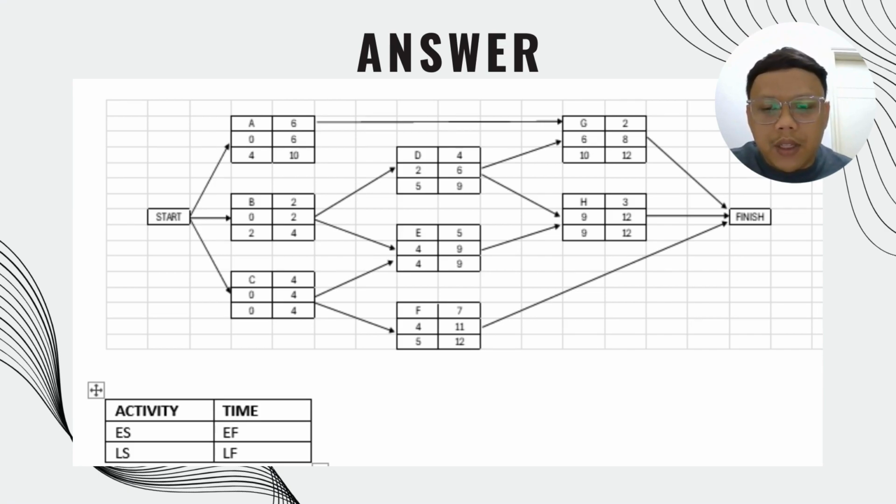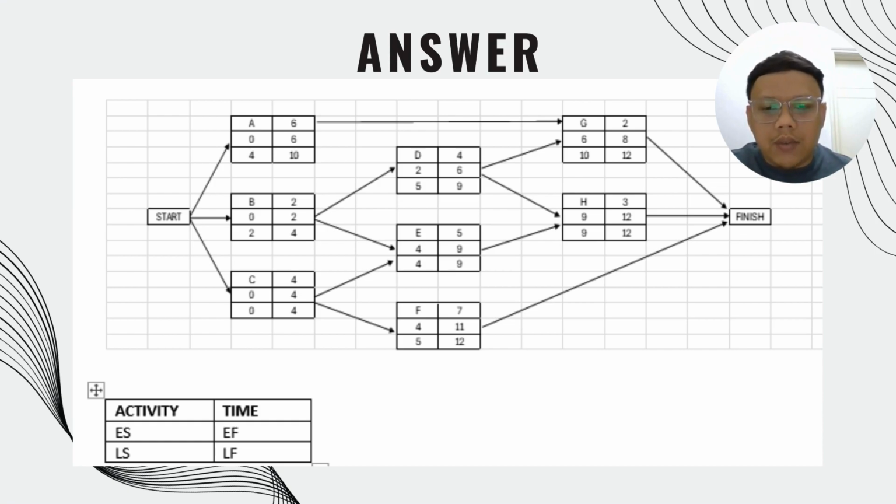Activity B, time is 2, ES is 0, EF is 2, LS is 2, LF is 4. For activity C, the time is 4, early start is 0, early finish is 4, late start is 0, late finish is 4.